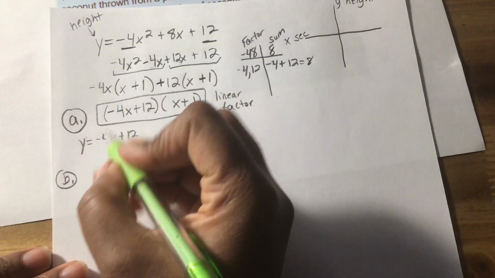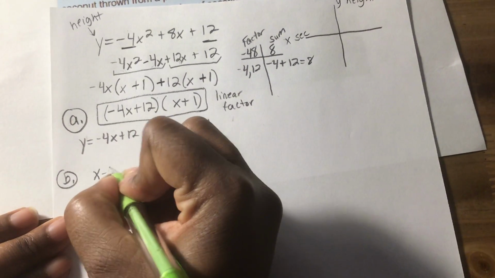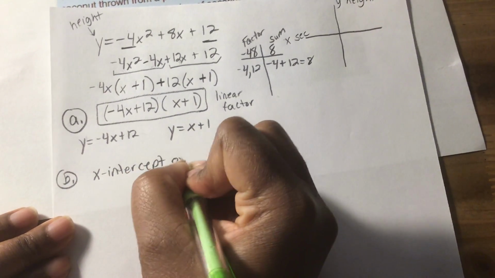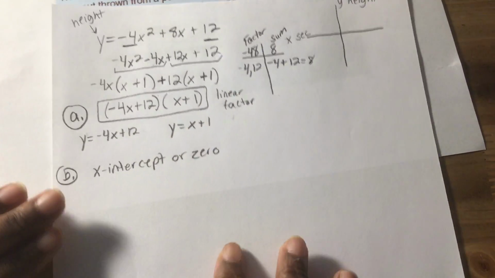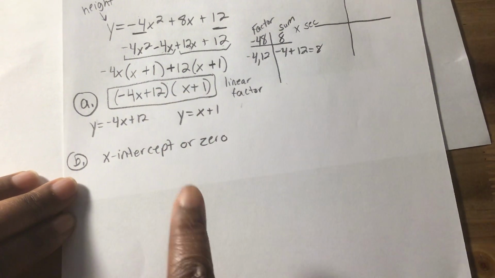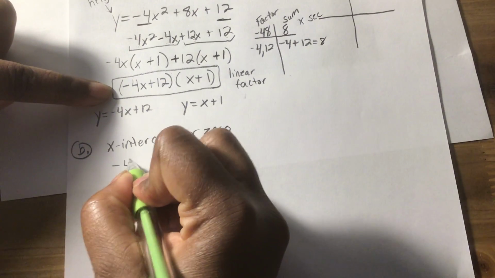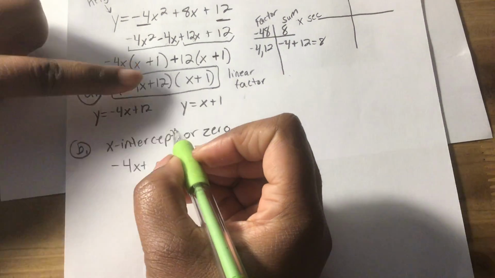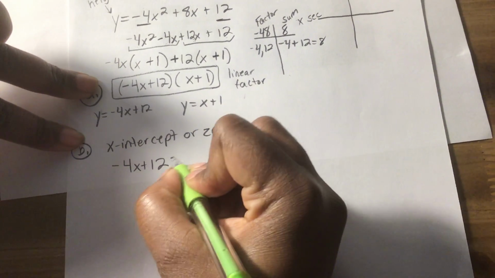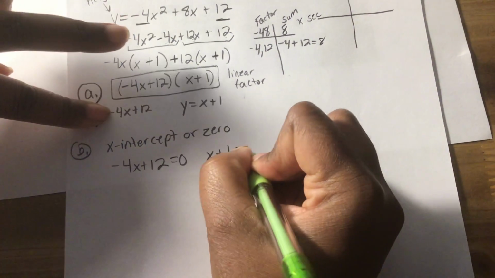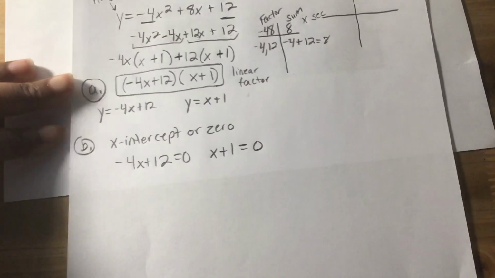To find the X-intercept, or zeros, you're going to take each of these factors and set it equal to 0. So this is going to be negative 4x plus 12 is equal to 0. And then x plus 1 is equal to 0.